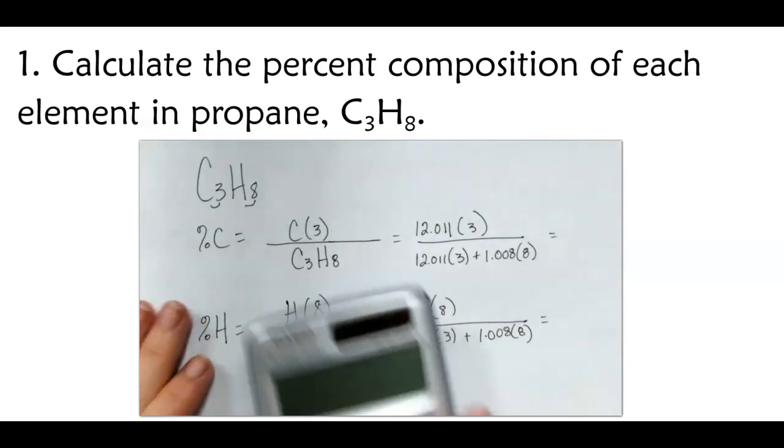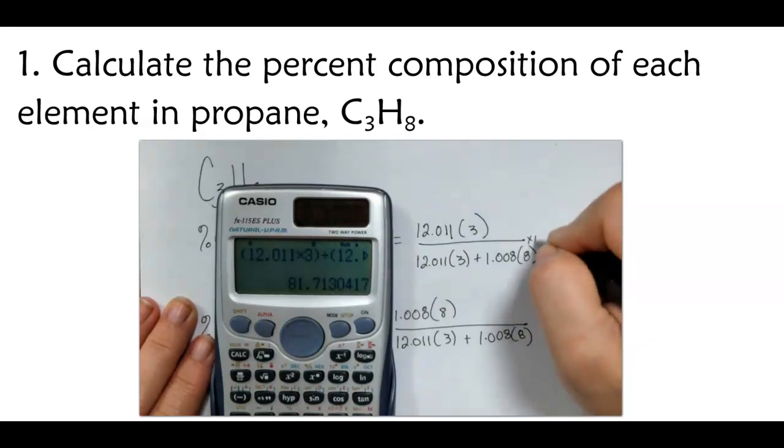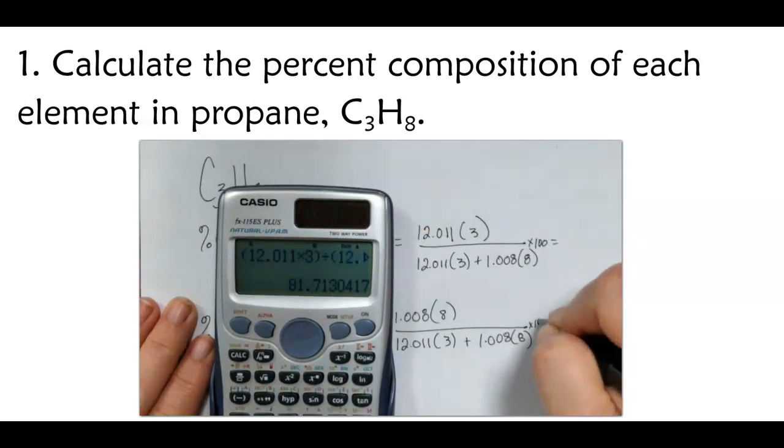Now let's type it into our calculator. We get 12.011 times 3, and then I'm going to divide it by 12.011 times 3 plus 1.008 times 8. And then we're going to multiply everything times 100 to make it a percentage.